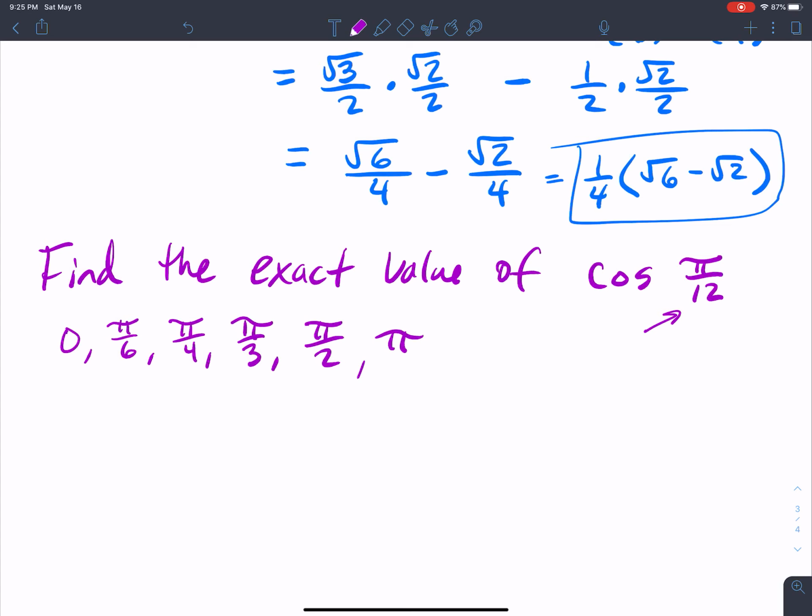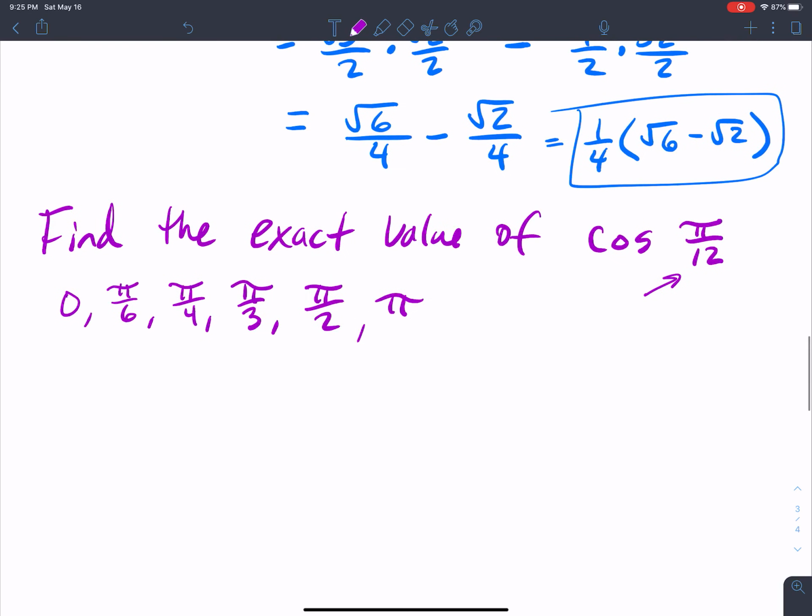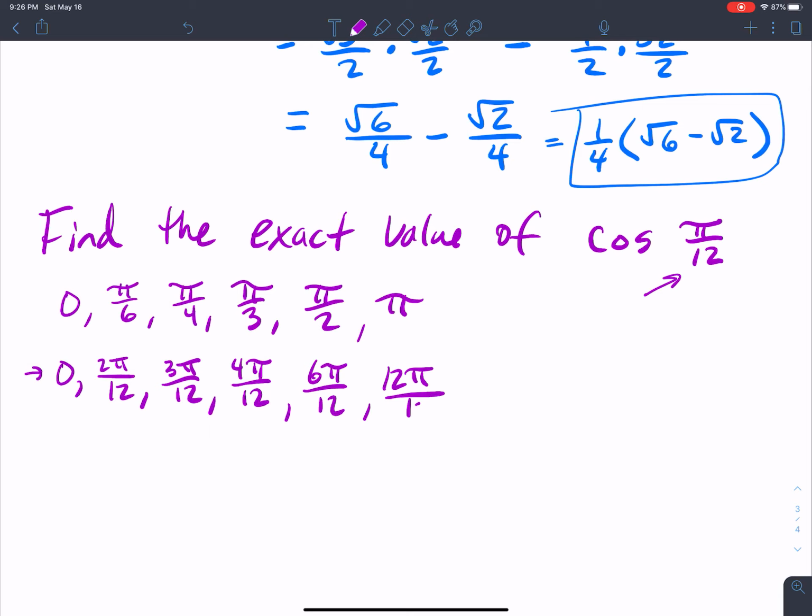Well, one thing that might help is if we convert our values that we do know to have the same denominator as 12. So 0 is still 0, but this would be 2 pi over 12. This would be 3 pi over 12. This would be 4 pi over 12. This would be 6 pi over 12. And that would be 12 pi over 12.